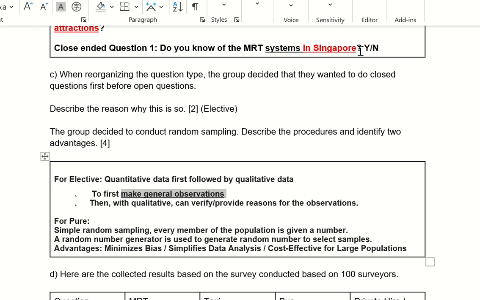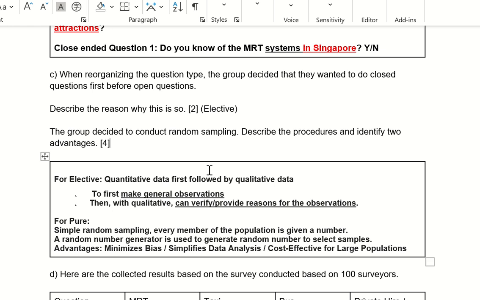Then I make a qualitative interpretation. Ask why. Why do you think MRT in Singapore is not as popular or not as well informed? So a why question. It starts with a general trend, followed by verifying or providing reasons based on observation. That is why they decided to do a closed question before an open question.